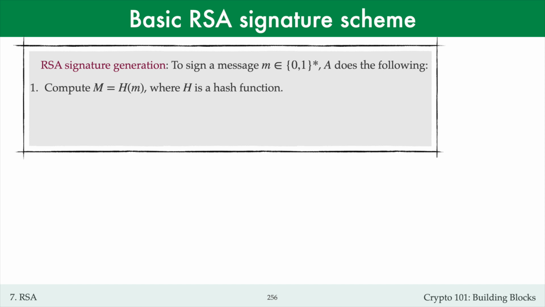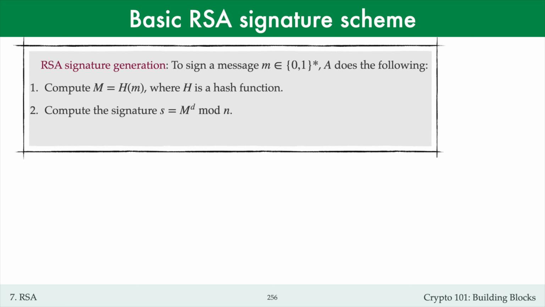She first computes the hash M of the message m. Here, H is a cryptographic hash function such as SHA-256. Alice then computes the signature S on M by raising the hash value to the power d modulo n. She can do this efficiently by the repeated square and multiply algorithm.